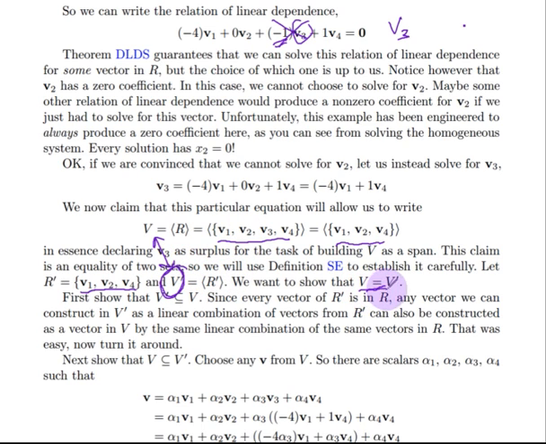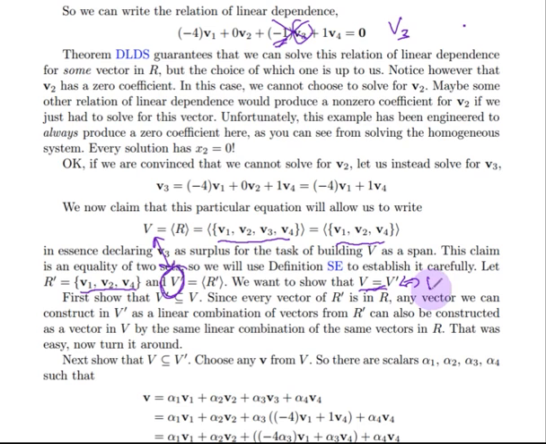That's what I want to show. Now, to show two sets are equal, one way is to show that every element of one set is also an element of the other set, and vice versa. You want to show every element of each set is an element of the other set. So this is the same thing as showing that.